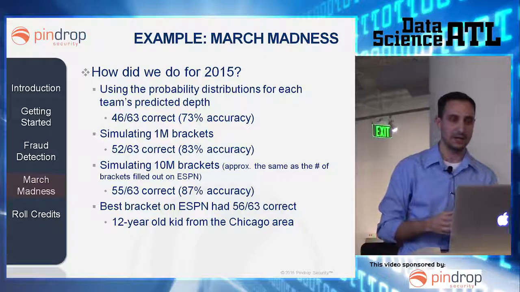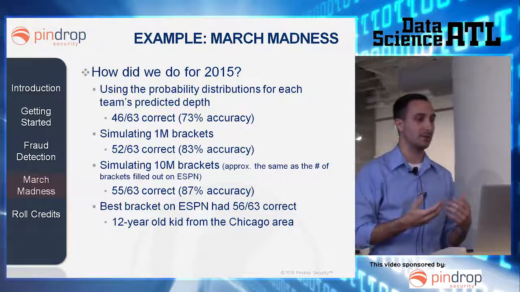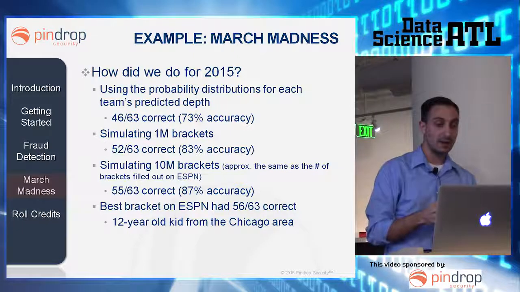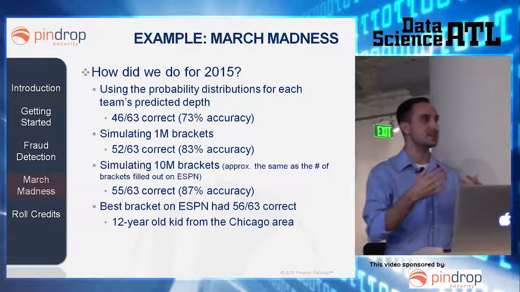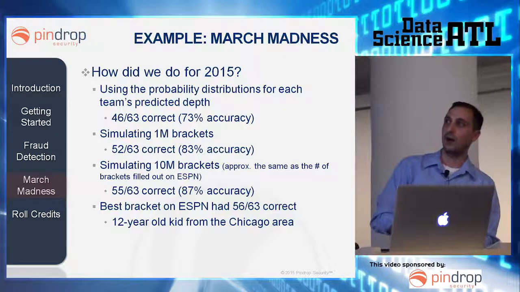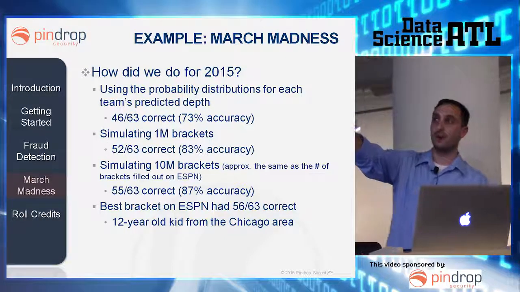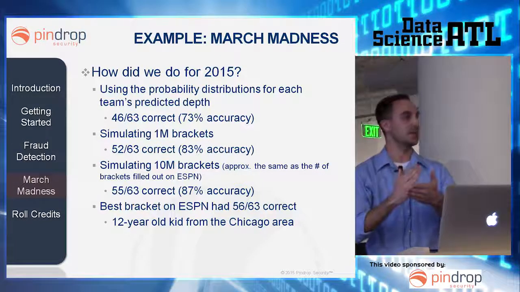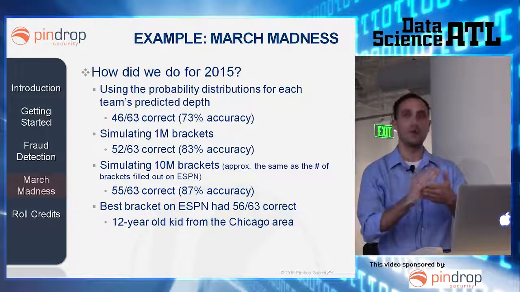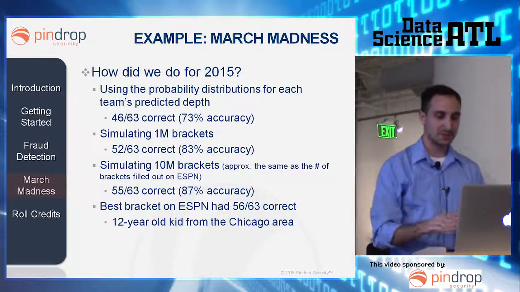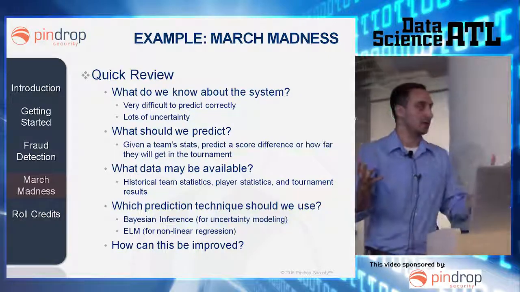I think it was 11 million. We get 87% accuracy. So that's a pretty interesting result, and this tells us that with 1/10 the brackets, we're able to accomplish pretty much the best of the best in the top about 1% of all brackets on ESPN.